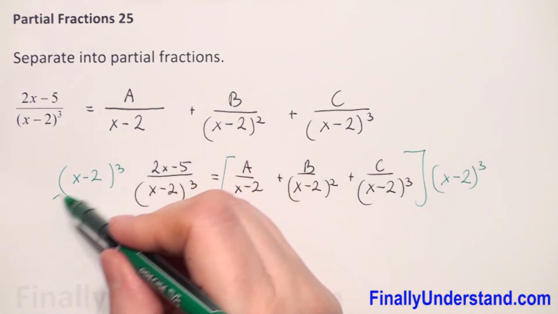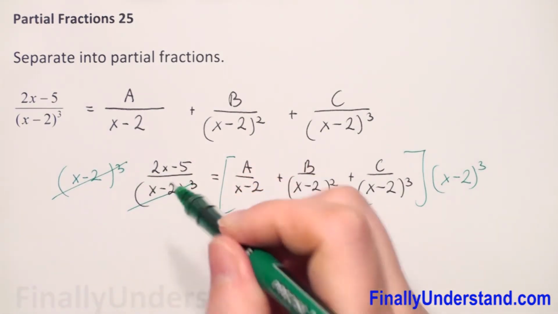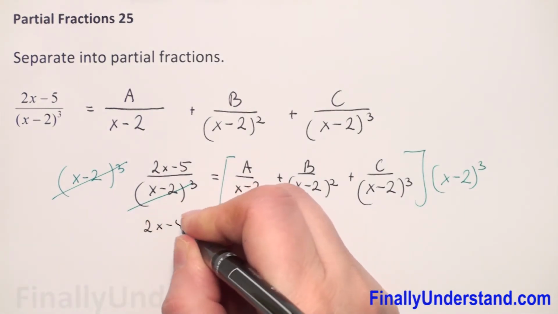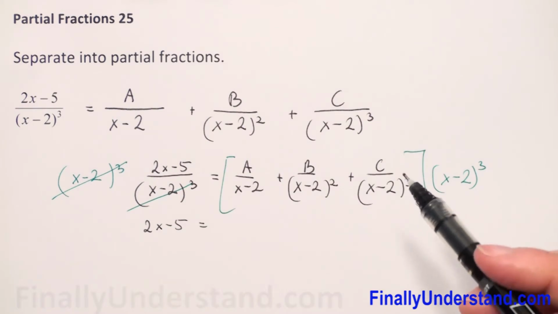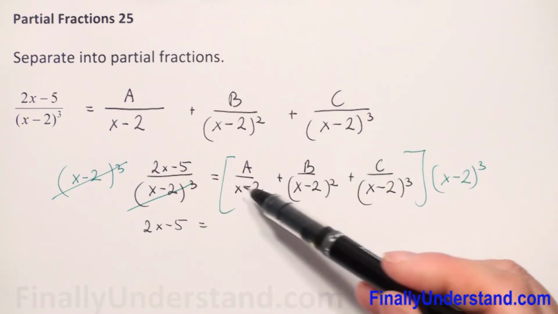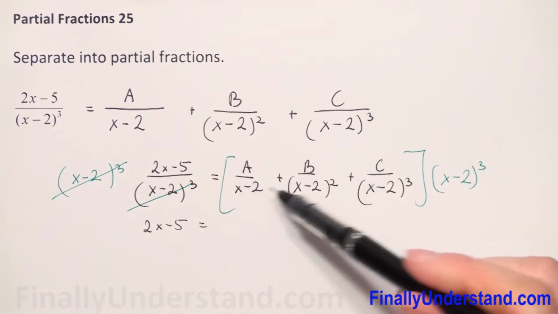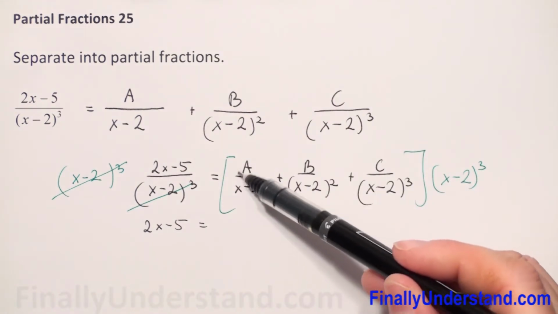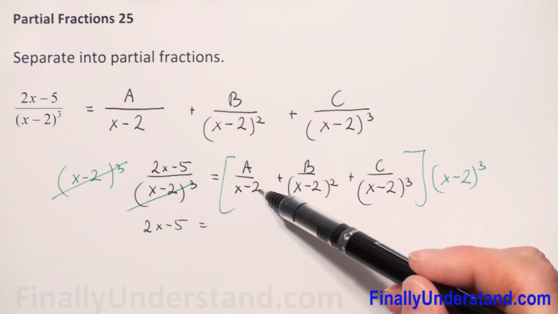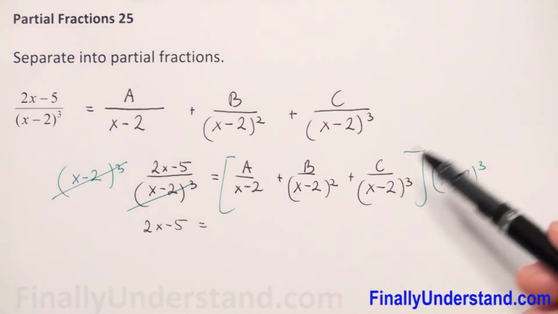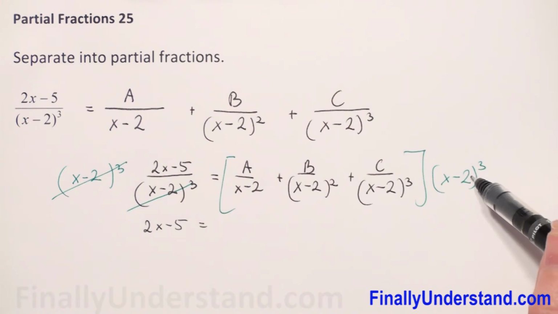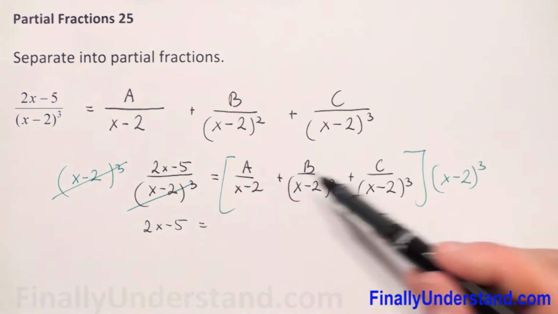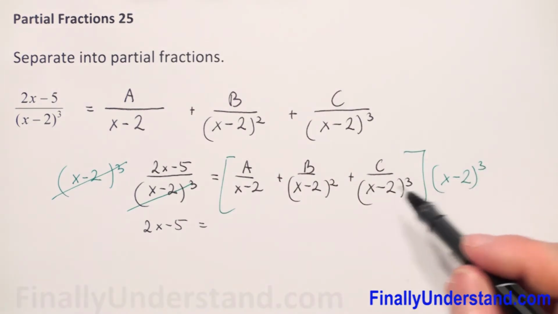So we see that x minus 2 to the third power we can reduce on the left side. So now we will have only 2x minus 5, this is equal, and now every fraction in the brackets we have to multiply by x minus 2 to the third power. We have in the first fraction x minus 2 like to the first power. When we multiply by x minus 2 to the third power, we just subtract the powers, 3 minus 1 is 2.